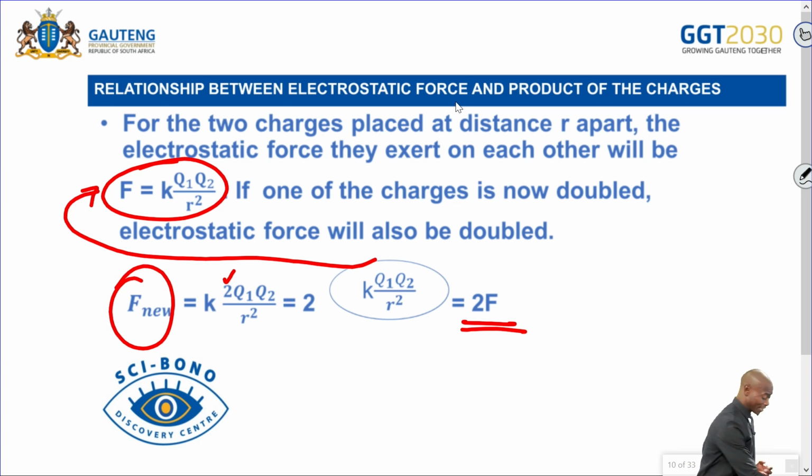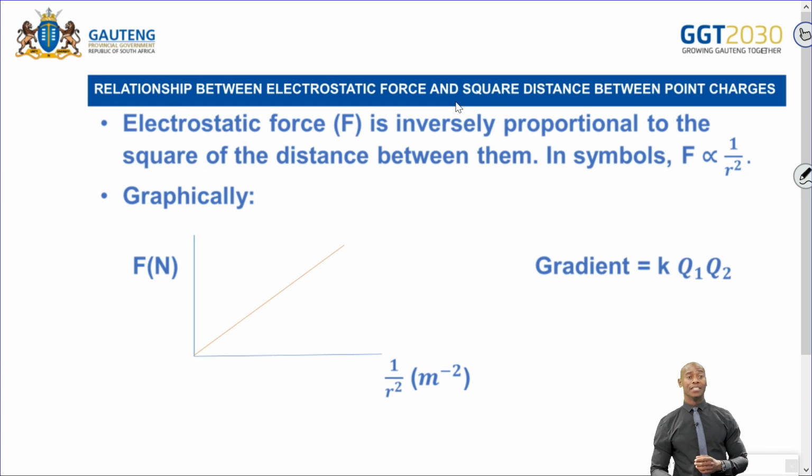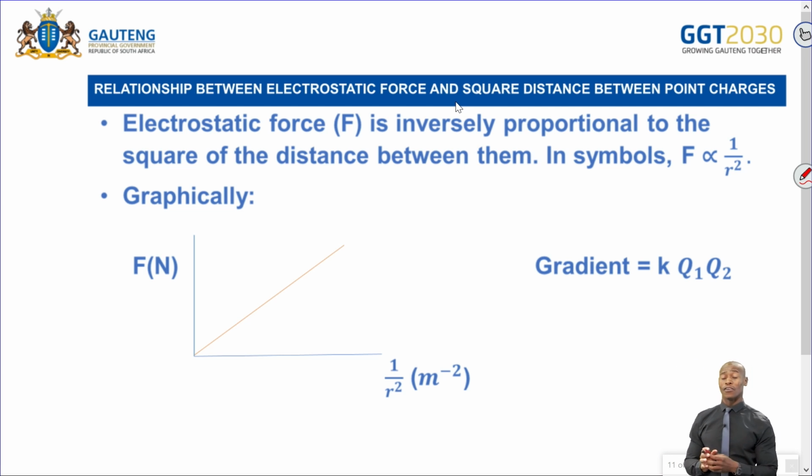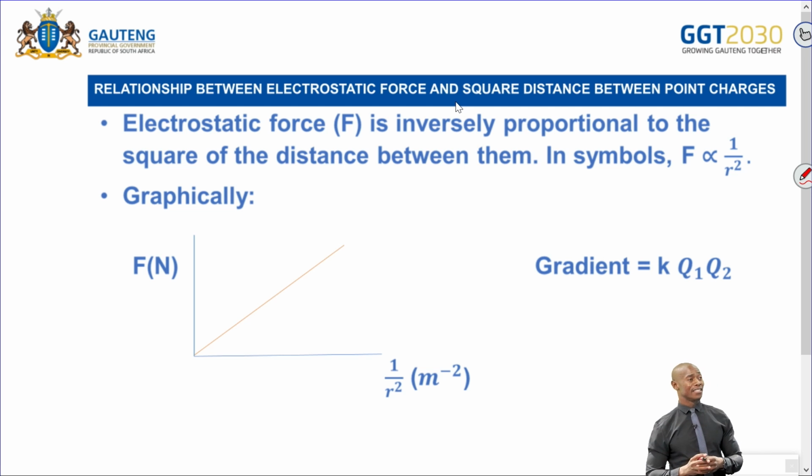Now let's look at the relationship between the electrostatic force and the square of the distance between the centers. According to the law itself, the electrostatic force is inversely proportional to the square of the distance between them.